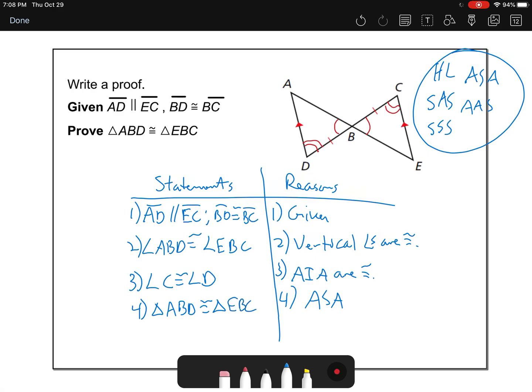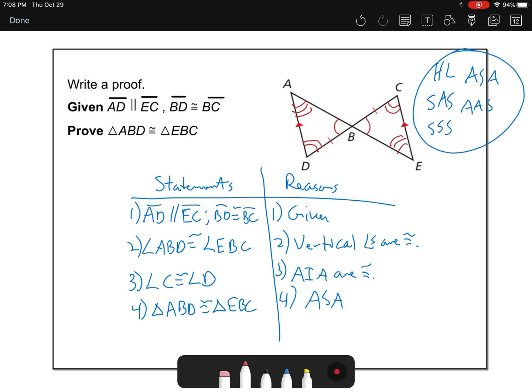Now, here is the deal though. These are also congruent by alternate interior angles. So we could have used angle side angle. We'd have to say angle A is congruent to angle E, and then we would use angle side angle the other way. It really wouldn't matter. So either one works.